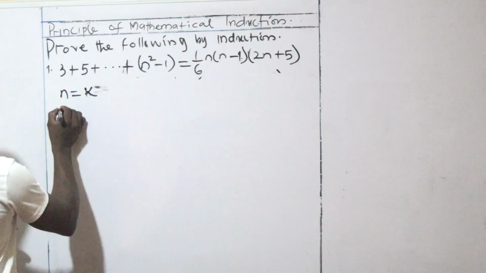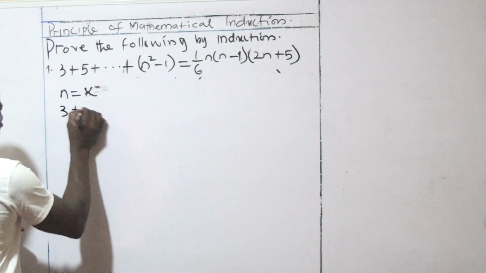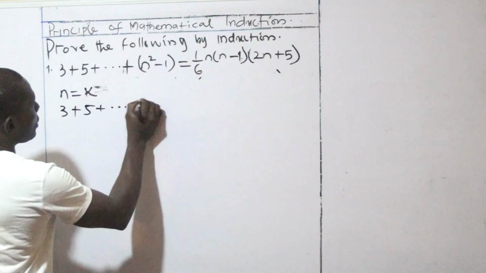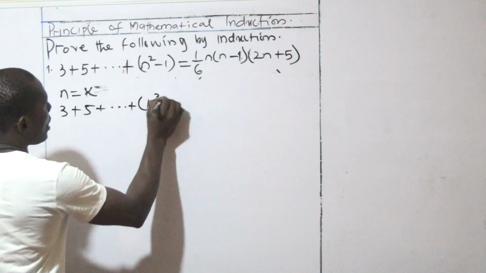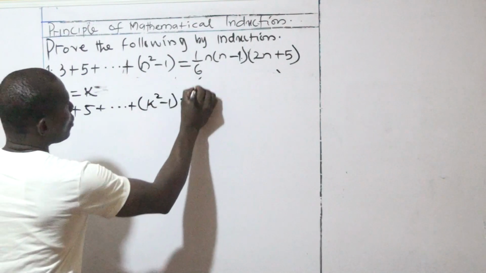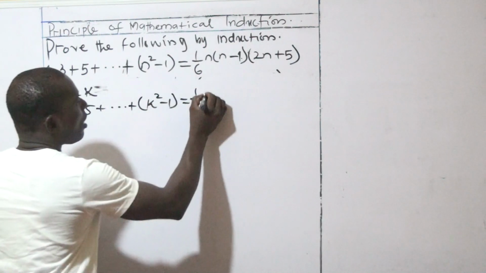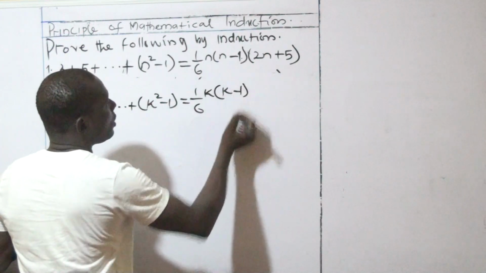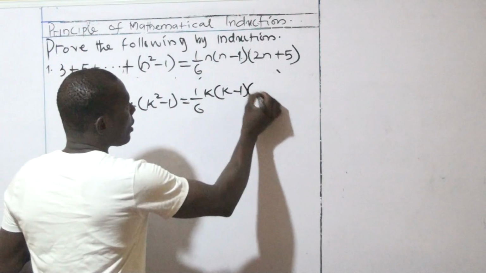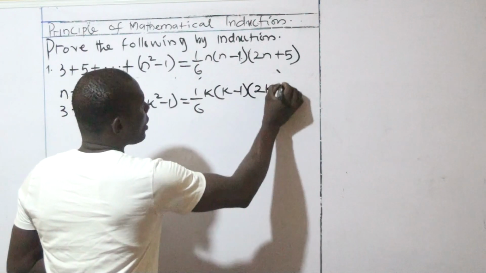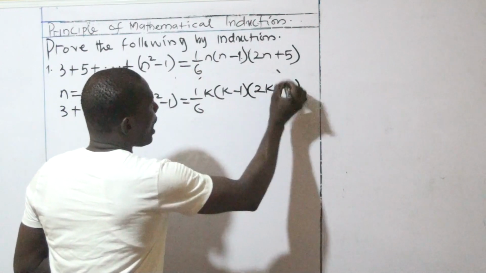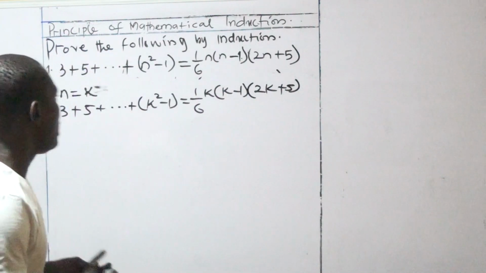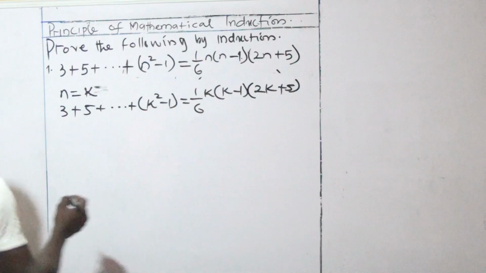So it becomes 3 plus 5 plus dot dot dot plus k squared minus 1 is equal to 1 over 6 k, then k minus 1, you close the bracket, open bracket 2k plus 5.